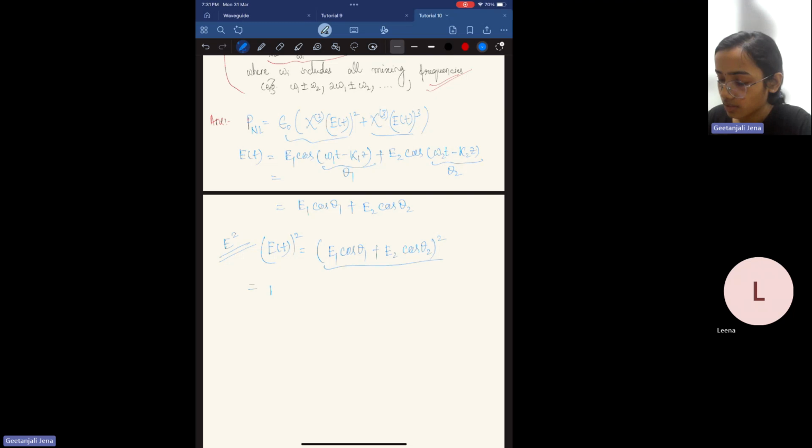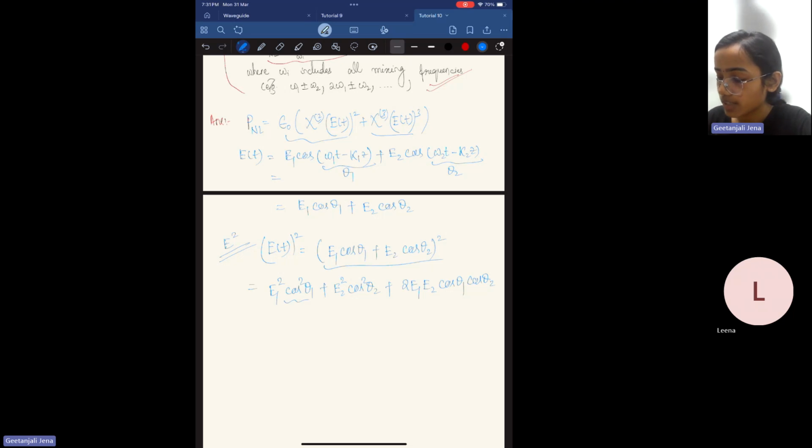So this is (a plus b) whole squared. That means this is E1 squared cos squared theta 1 plus E2 squared cos squared theta 2 plus 2 E1 E2 cos theta 1 cos theta 2.